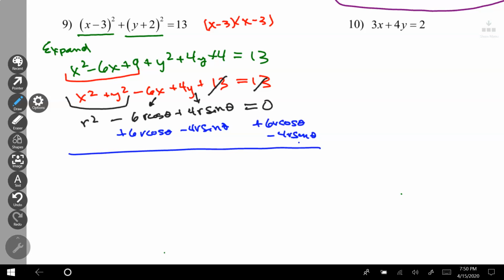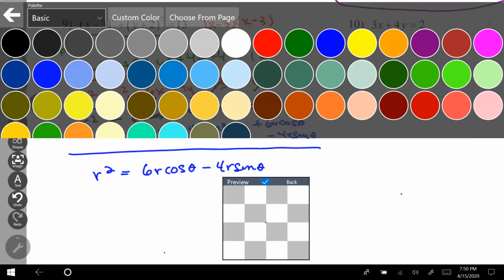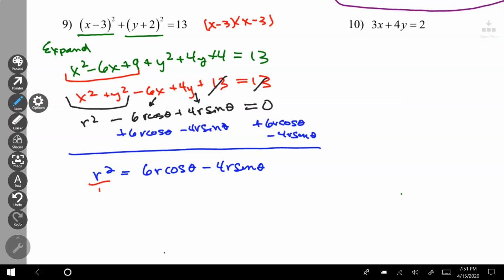And when I do all that, I get r squared is equal to 6r cosine theta minus 4r sine theta, and divide everything by r, and I get r equals 6 cosine theta minus 4 sine theta.